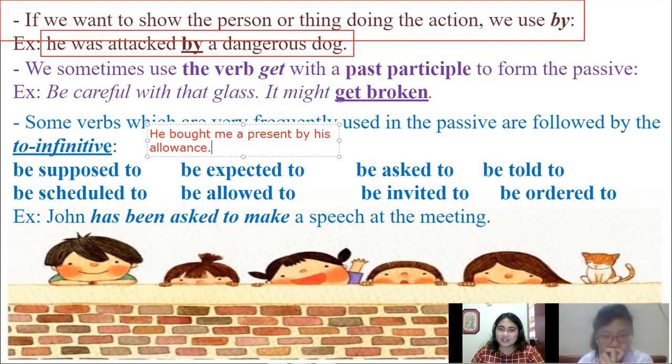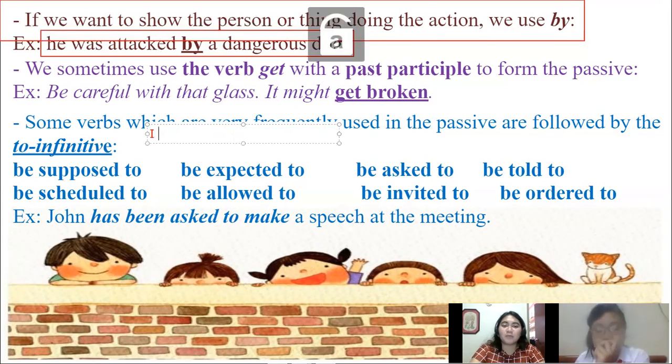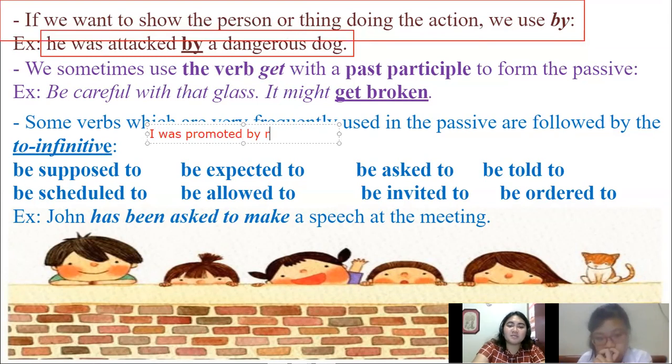His allowance. All right. Can you give me an example using this structure? For example, I was promoted by the manager. I was promoted by the manager. The manager promoted me. All right.